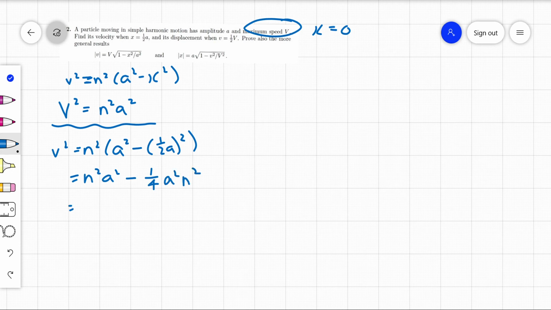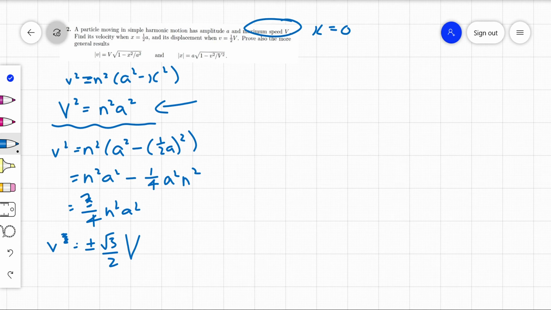So we've got 1 minus a quarter of these n squared a squared, so that's 3/4 of n squared a squared. So v squared is 3/4 of n squared a squared, and if I square root both sides, n squared a squared is capital V squared, so v is plus or minus square root 3 over 2 of that maximum speed.